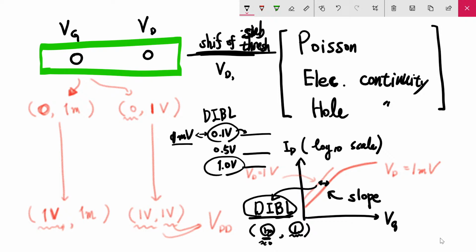Obviously you have to introduce VD high minus VD low, like 1 volt and 1 millivolt, but as I told you before, this one is not that important because this is quite close to 0 volt, so no difference in calculation. So we have to define debris in that way.